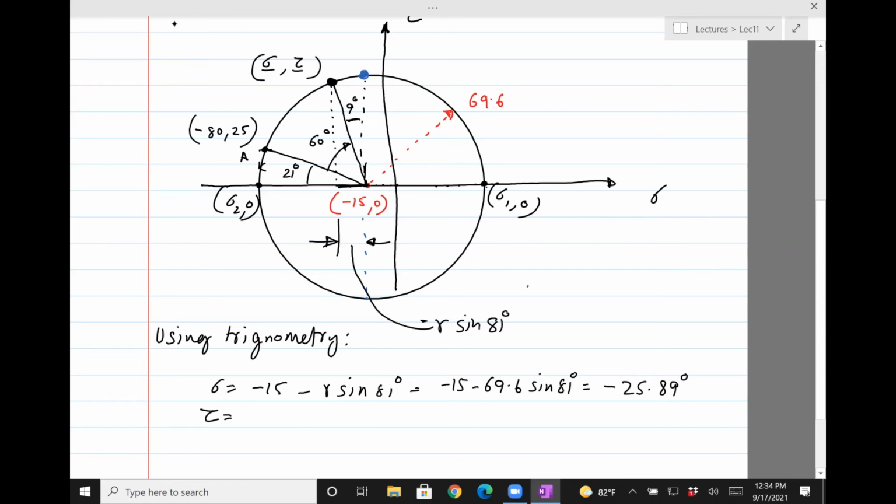So next I need to find tau. And tau, as you can see, is just this distance. This is tau. So you can see that it is simply the radius times the sine of this angle, just shown in red.